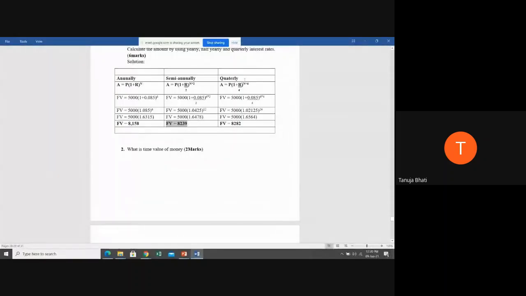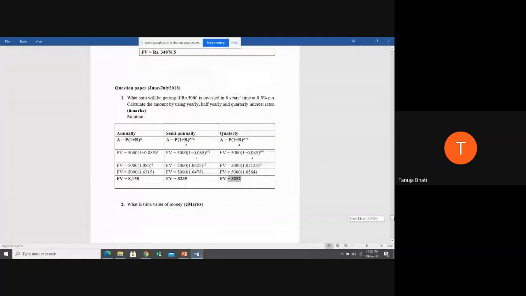Similarly, for quarterly, you have to divide R by 4 and multiply N by 4. When you divide 8.5% by 4, you get this particular figure, and when you multiply 6 into 4, you get 24. So when you solve this using a scientific or simple calculator, you get 5,000 into 1.6564, which is nothing but 8,282. Is this problem understood by everyone?